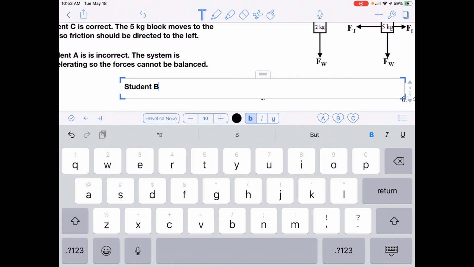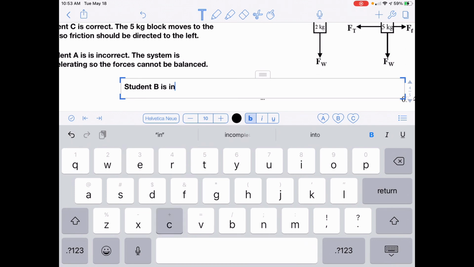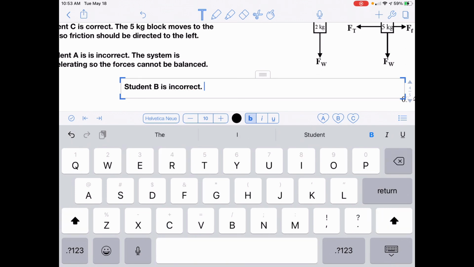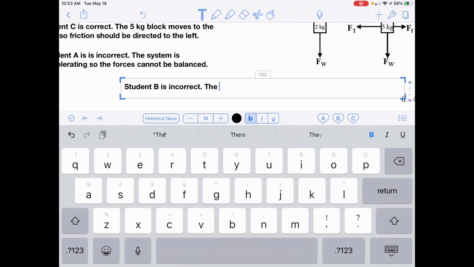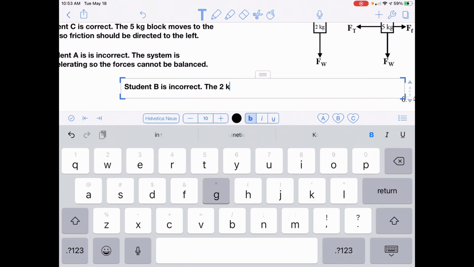And lastly, student B is incorrect. The 2 kilogram block is slowing down, going upward.